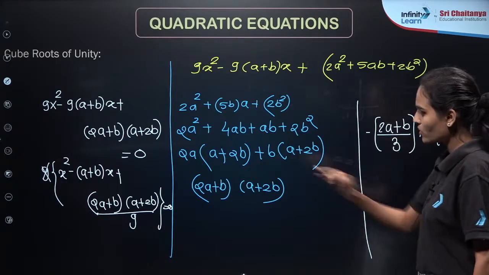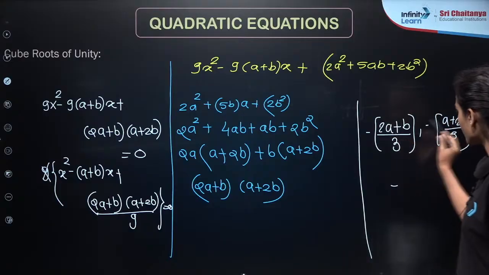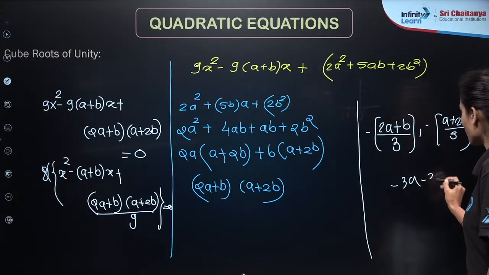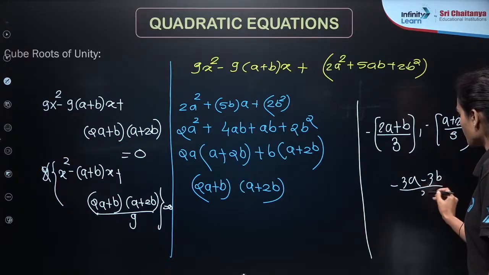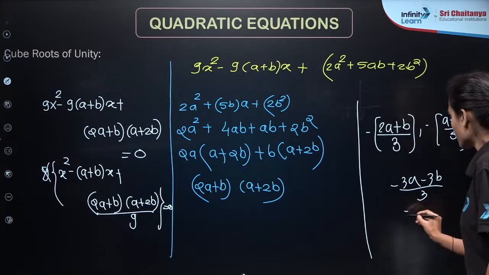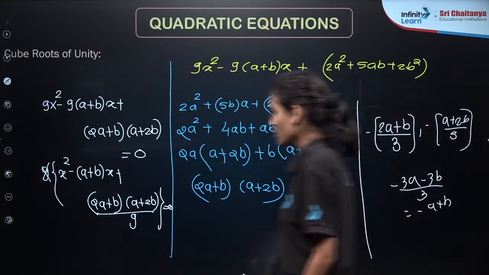The multiplication is obviously the given term. If you add them, you will get answer as minus 2a minus a, minus 3a minus b minus 2b minus 3b upon 3, right, which is nothing but minus of a plus b.